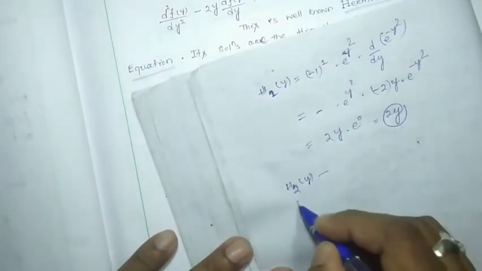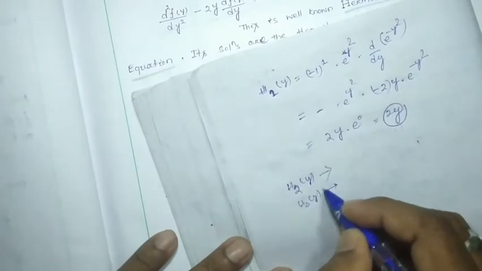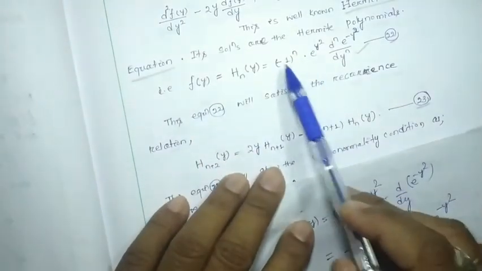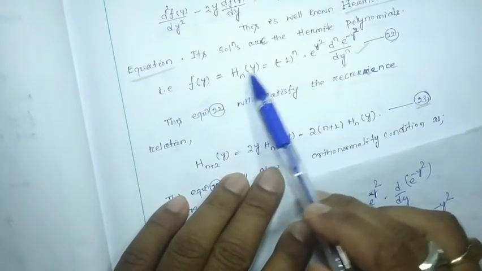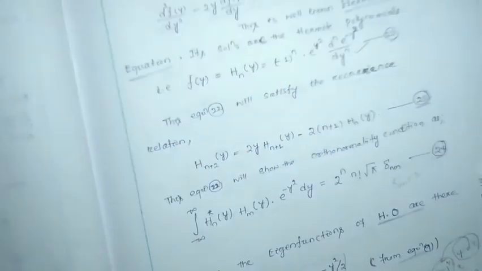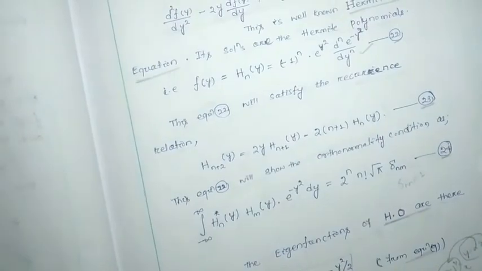Likewise, we can find h2(y), h3(y). If we consider this equation for higher values of the Hermite polynomial, these are the values we are going to get.